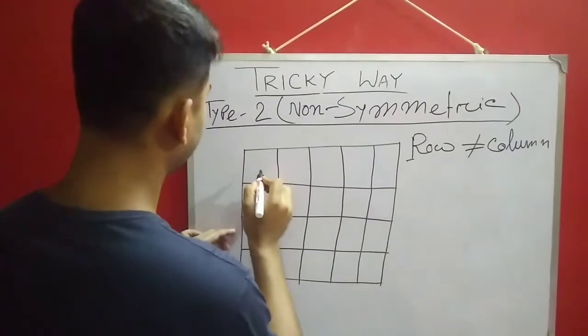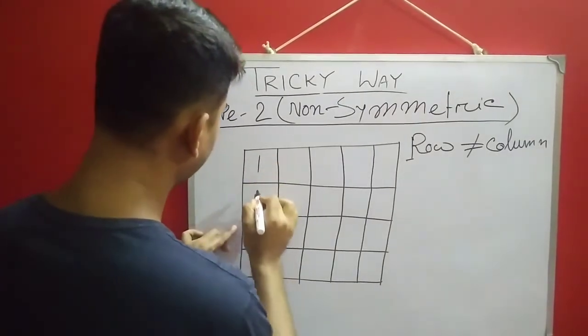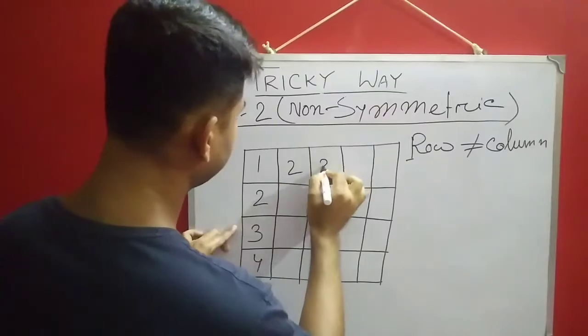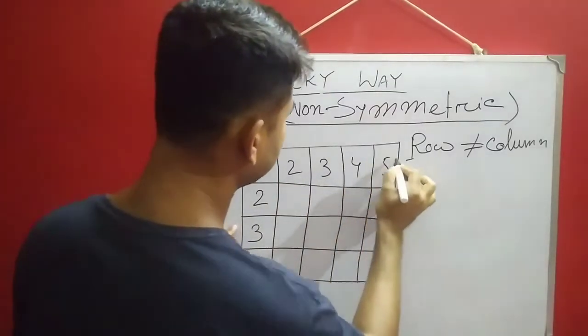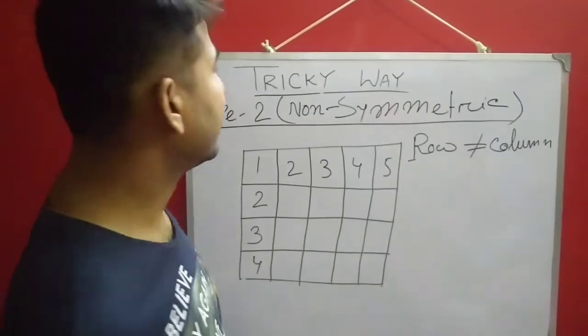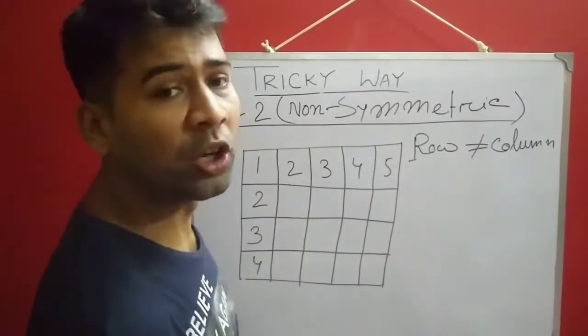Let's count: 1, 2, 3, 4, and 1, 2, 3, 4, 5. Here row is not equal to column, and this is type 2, non-symmetric.